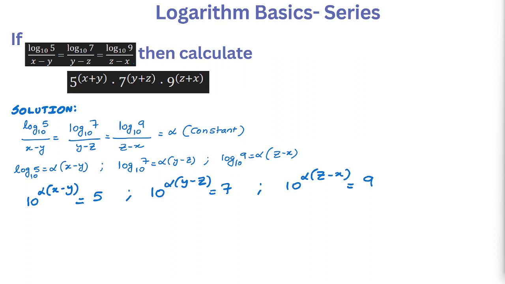So at some point in the process, we have to convert from logarithmic form to exponent form, and this is basically what we're doing now. When we convert to exponent form, we get 10 to the power of alpha times x minus y equals 5 for this one, 10 to the power of alpha times y minus z equals 7 for this one, and 10 to the power of alpha times z minus x equals 9 for this one.